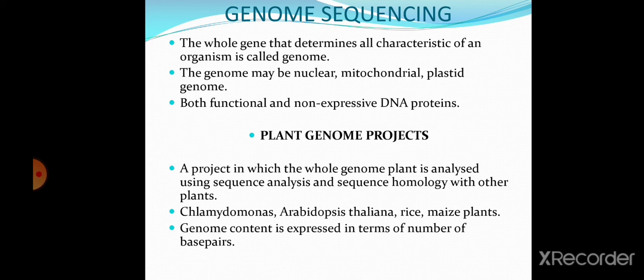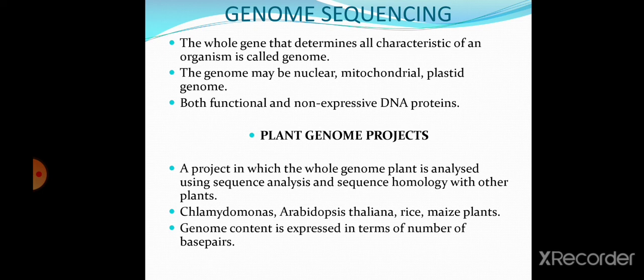The genome of many plants contains both functional and non-expressive DNA. That is plant genome projects, in which the whole genome of a plant is analyzed. Such projects have been undertaken so far in Chlamydomonas, Arabidopsis thaliana, rice, maize, and so on.